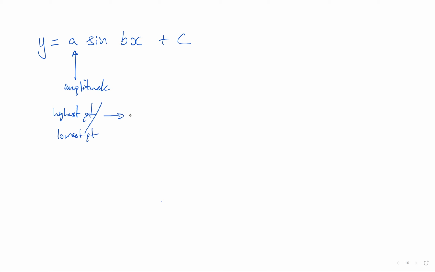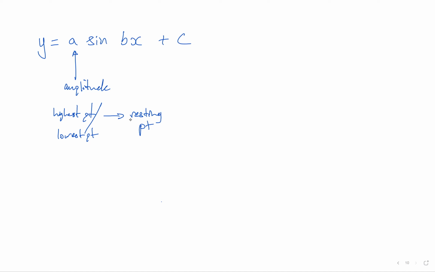You have y equal to a sine bx plus c. I think this is a common type of thing that you have seen. The a here refers to amplitude. Amplitude is the highest point or lowest point to the resting point.